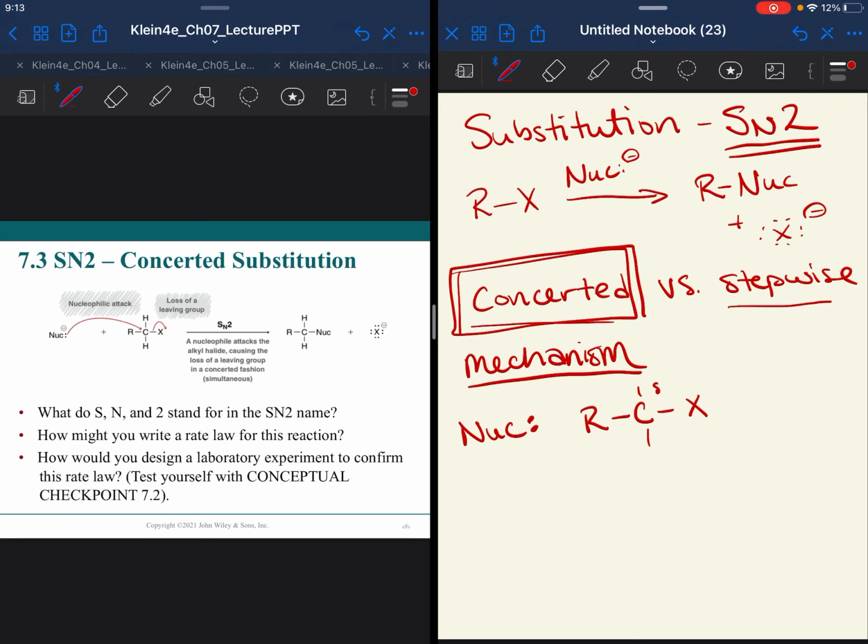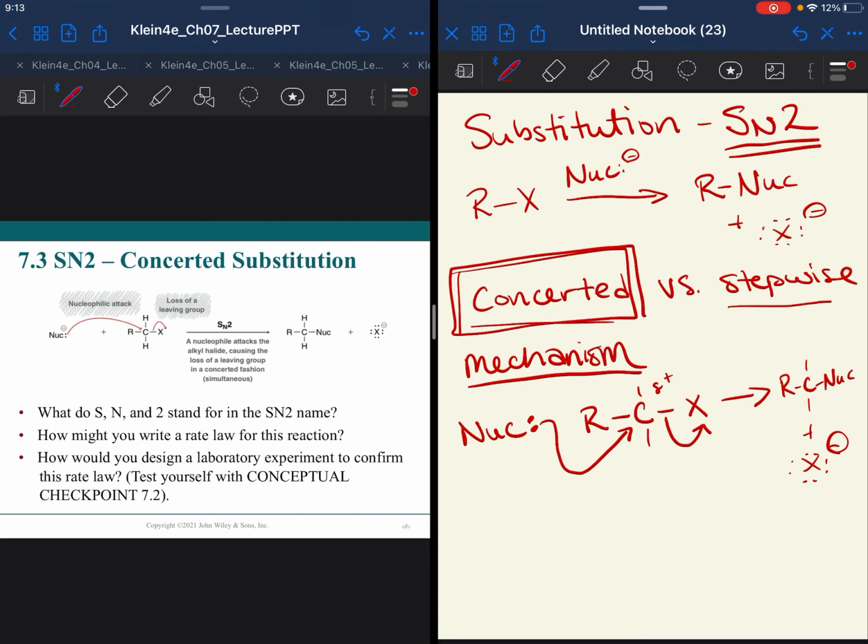Because remember, that is going to be a big old partial positive carbon. It's a good electrophile. So you're going to get an arrow from your nucleophile to that electrophilic carbon. We can't have 5 bonds on carbon, and so we are going to get that loss of leaving group at the same time in one concerted step, right? And that will leave us now with a new bond between the carbon and whatever the nucleophile is and our halide ion.